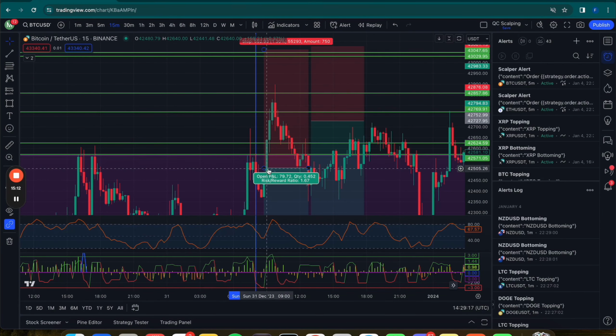Let's just assume this is a long. So let's just put our stop loss here for visualization purposes, and let's say we enter here or here. So as we enter here, we have a 1.7 risk to reward.